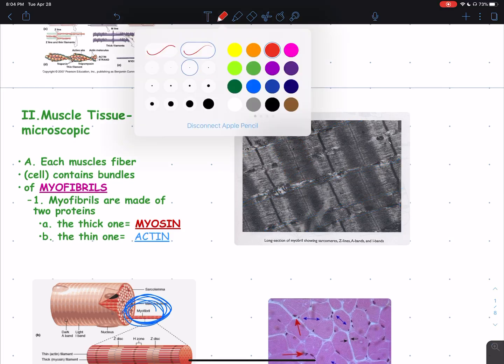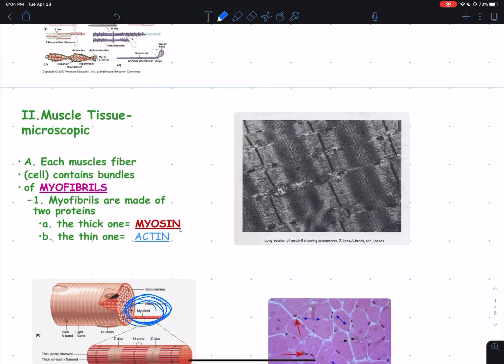And the actin is written in blue, so I am going to go ahead and stick with the blue for the actin, okay? And actin is going to be the light colored area in between the darker areas, okay? And as you can see, I'm covering over many myofibrils to show you the actin. All of this is the actin layer, okay?